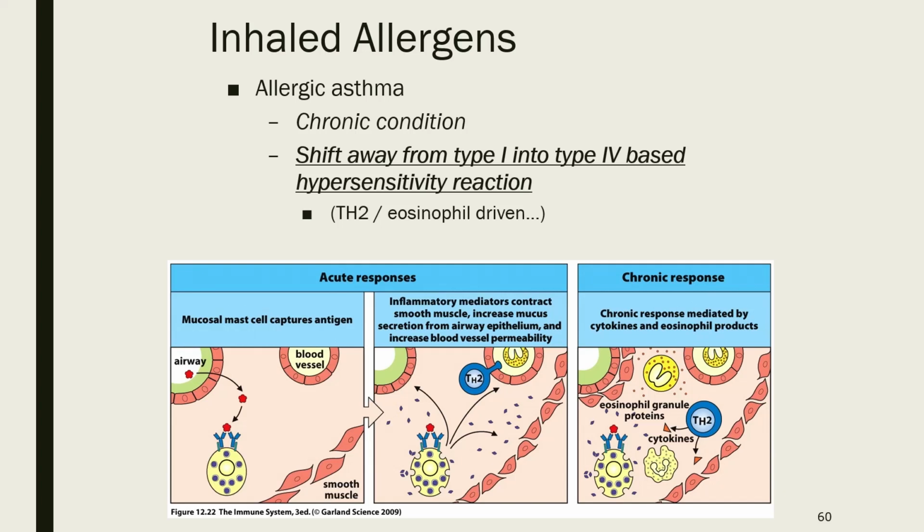In those cases there is more cell-mediated damage in that area, significant chronic increase in mucus, and contraction of your bronchial smooth muscle, so your airway is narrowed, and increased vascular permeability that persists, leading to persistent infiltration of Th2 cells, neutrophils, eosinophils, and all these. Eventually this leads to the airway remodeling and damage that we see in chronic patients.